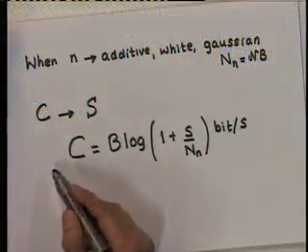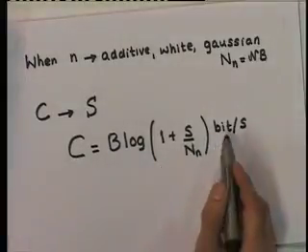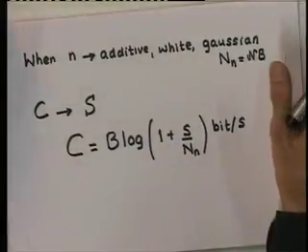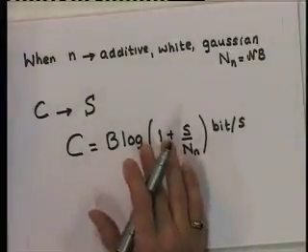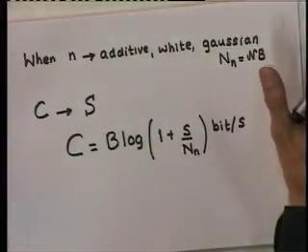This channel coding theorem, indicated by Shannon's equation, is the maximum error free communication rate achievable on an optimum system without any restrictions except for bandwidth restricted to B hertz, signal power restricted to capital S, and Gaussian white channel noise power given by n subscript small n.